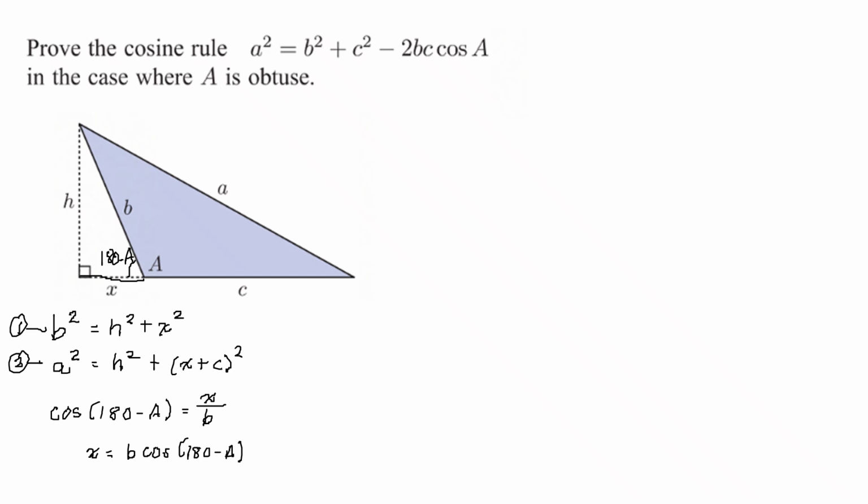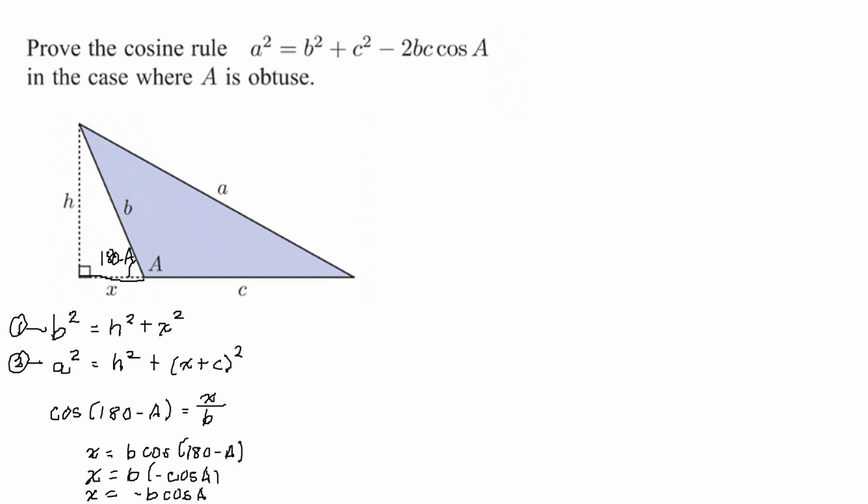As we know, the cosine of an angle is equal to the negative cosine of its supplementary angle. Let me write it here. So cosine 180 minus A is equal to negative cosine A. Instead of this, we can say that x is equal to b times the negative of cosine A, or simply, x is negative b cosine A.